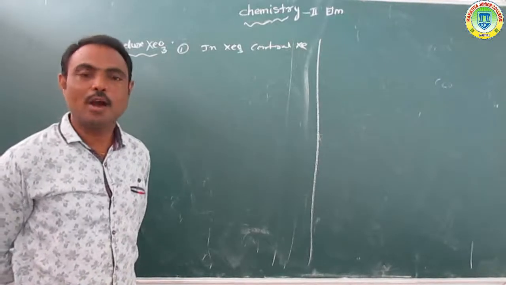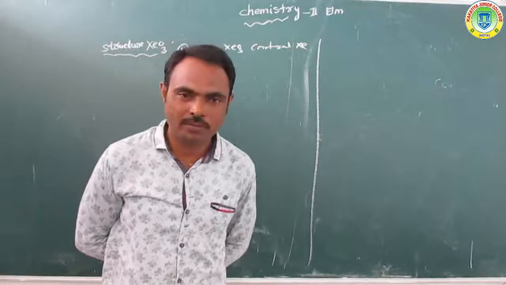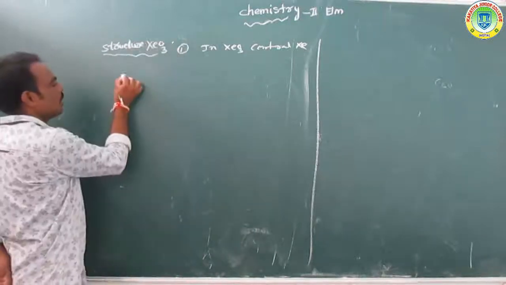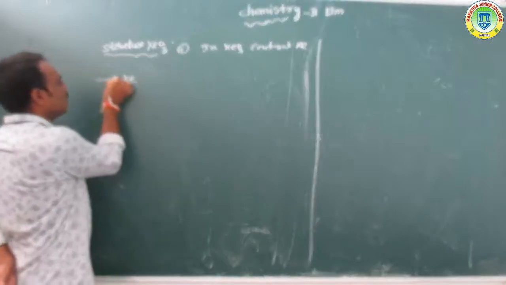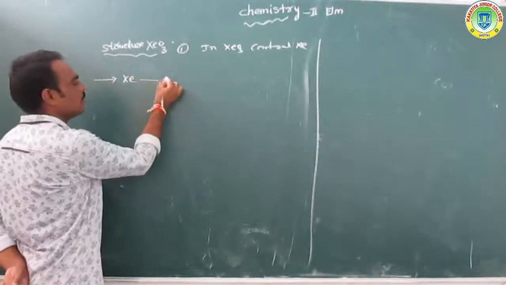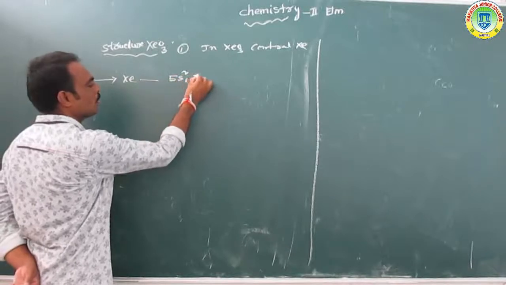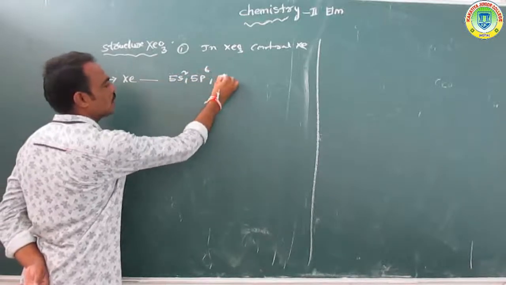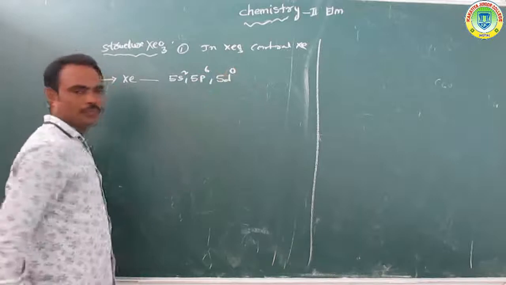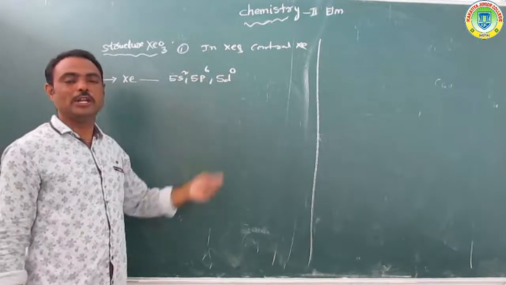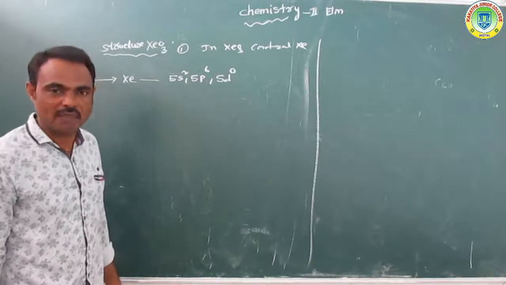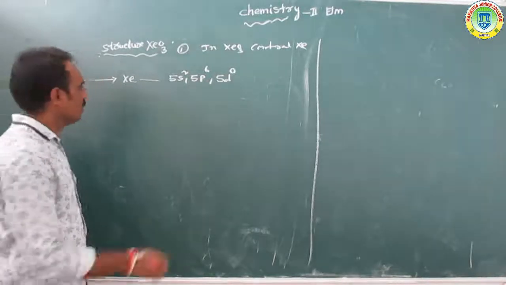What is the outer shell electronic configuration? The outer shell electronic configuration of xenon is 5s2, 5p6, 5d0.